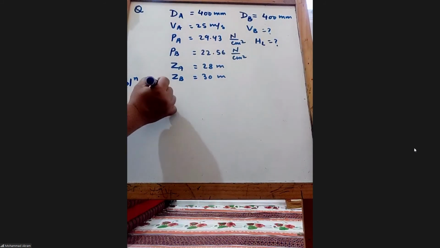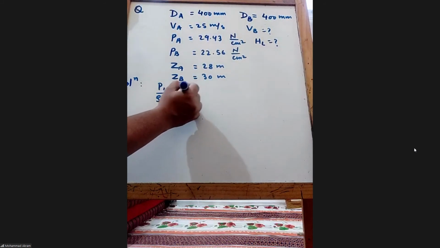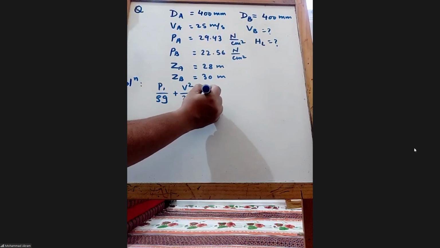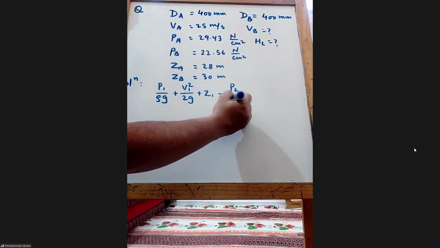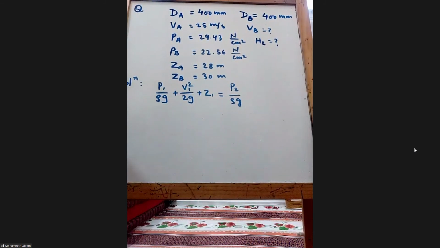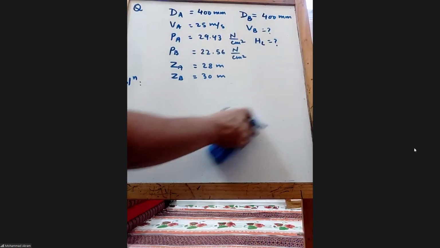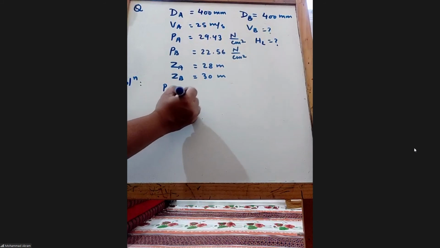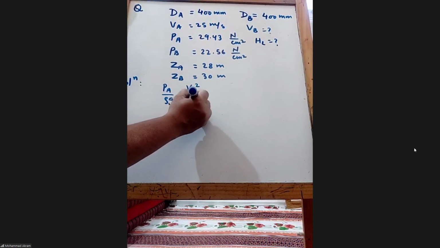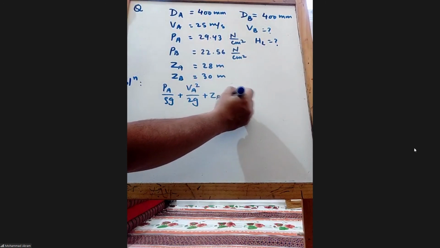P1 by rho G, P2 by rho G. Here we don't have 1, 2, we have A and B. So you can calculate PA by rho G plus VA square by 2G plus ZA equals PB divided by rho G.